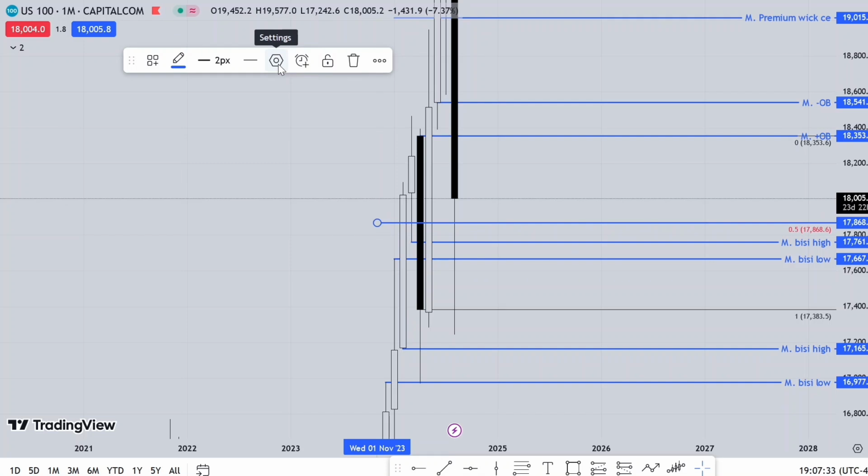whether a breaker block, a propulsion block, a mitigation block, or an order block, their mean threshold is the midpoint of that order block. While the midpoint of imbalances, whether fair value gaps, BCs, CBs, or a wick of an imbalance, or the midpoint of a wick, they are all consequent encroachment.